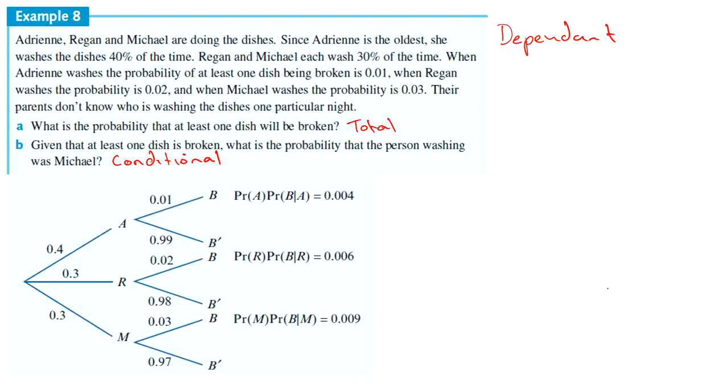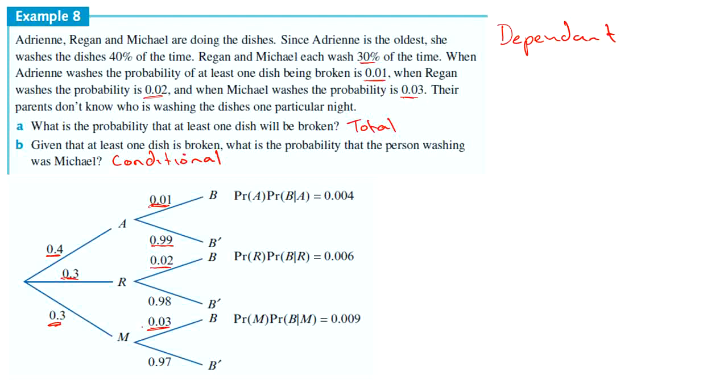All right, so I have a tree diagram here ready to go. You can see the probabilities of each child washing dishes. So Adrian, 0.4, and 30% for the other two, so 0.3 and 0.3, and that adds up to 1, so that checks out. We have Adrian 0.01, and then that's got to add up to 1, so the other probability there will be 0.99, and then we have 0.2 for Regan, and 0.3 for Michael.